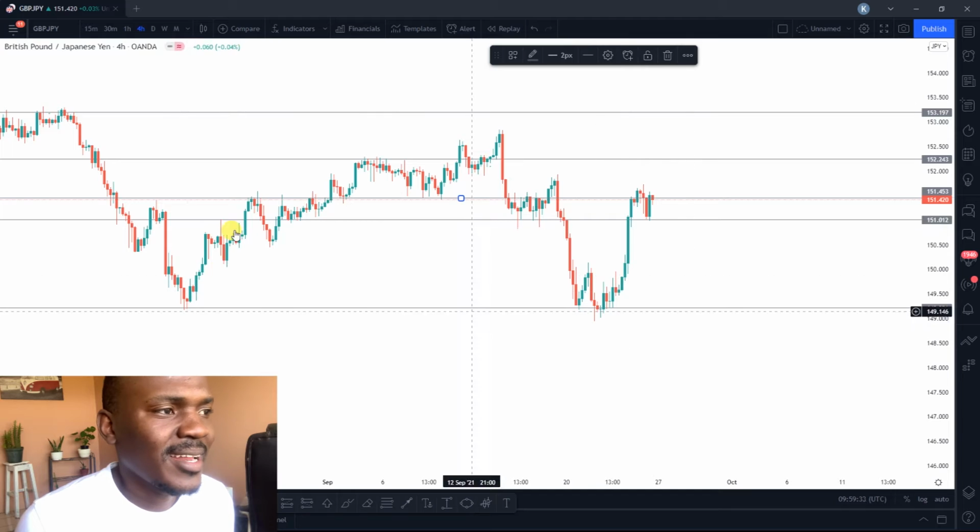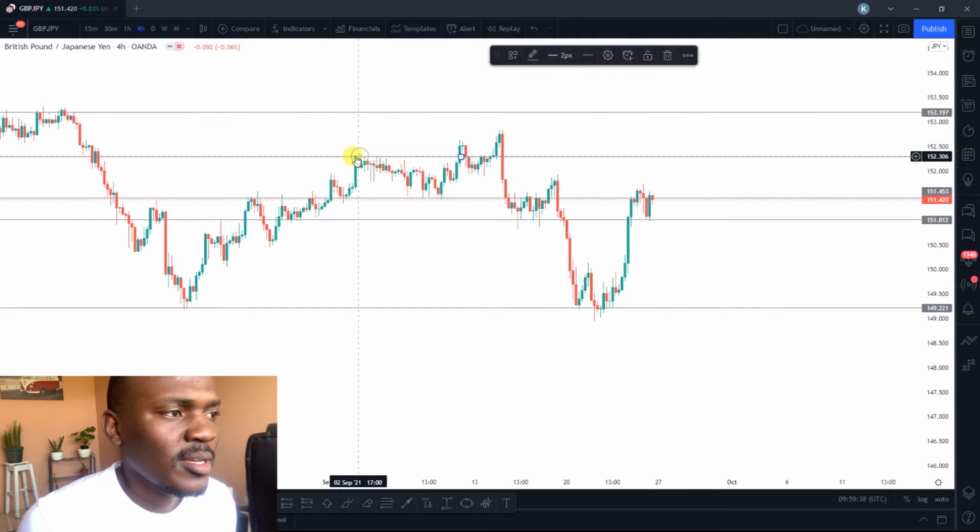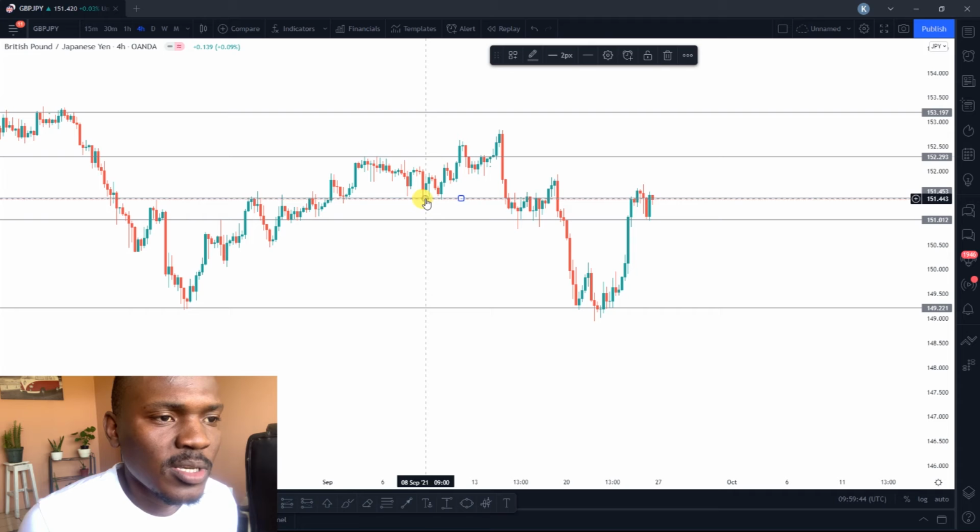As you guys can see, it's kind of accurate but not really, so you just have to adjust. It depends on you if you're gonna adjust it to the wicks or to the candle close.